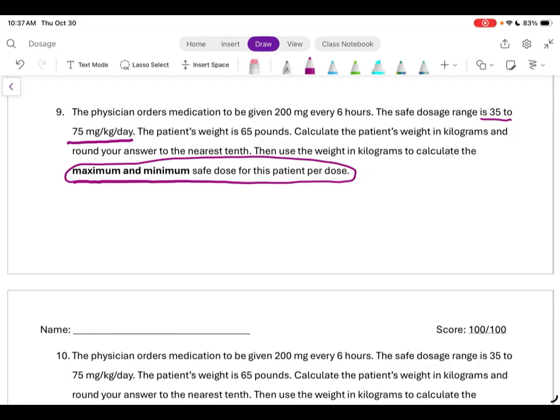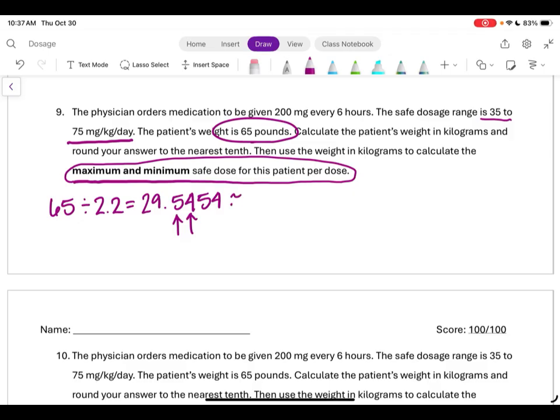But let's start off as we do. Here's my weight, 65 pounds. We're going to divide by 2.2 and got 29.5454, it keeps going. Here's my tenth place. The number next to it is a 4, so this just stays as 29.5 kilograms.